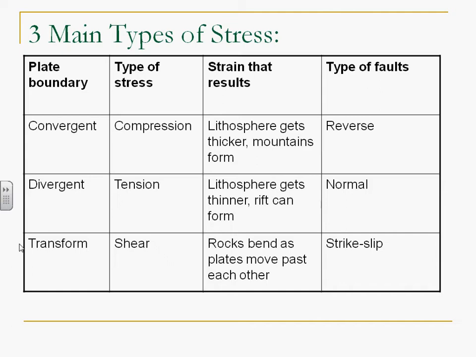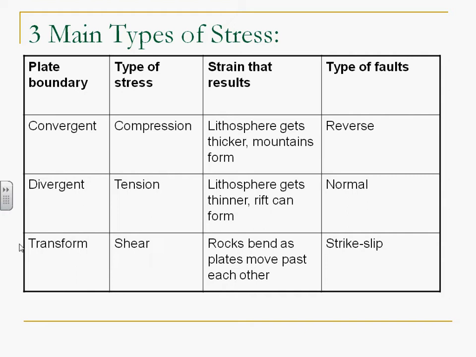So when we think about this, okay, converge. All of us are going to converge on the football field this afternoon, and we are going to cheer on our team to victory. What does converge mean? Come together. Okay, so what happens is convergent.